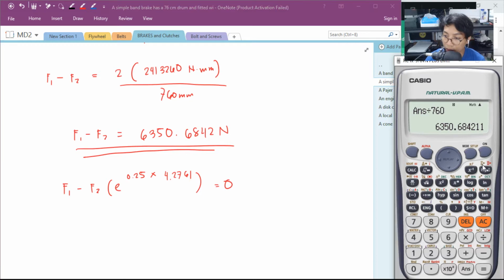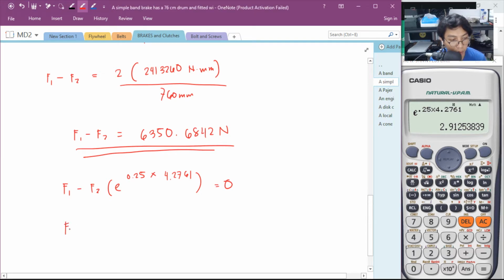Dito, solve natin. Shift E 0.25 times 4.2761. 2.9125. So F1 minus F2 multiplied by 2.9125 equal to 0.